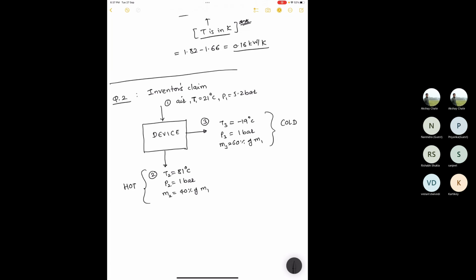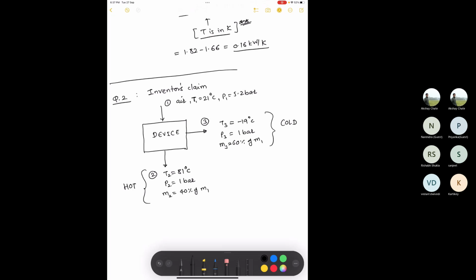You don't need to know what is inside this device because this is a thermodynamics course. If the device is feasible, then only does it make sense to go inside it. If it is not, there is no need.